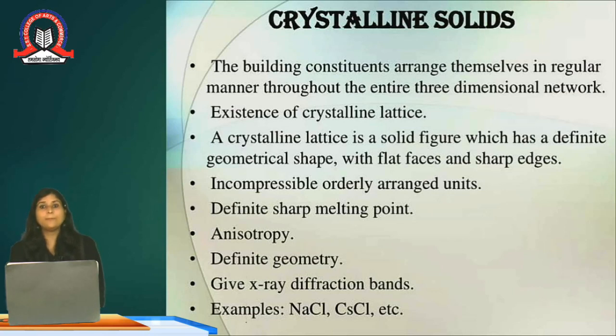The melting point of these crystalline lattices is sharp, meaning they need a high melting point to melt down. In the same way, they also have a high boiling point. Anisotropy, definite geometry: these all have definite geometry, a definite arrangement of atoms and molecules.